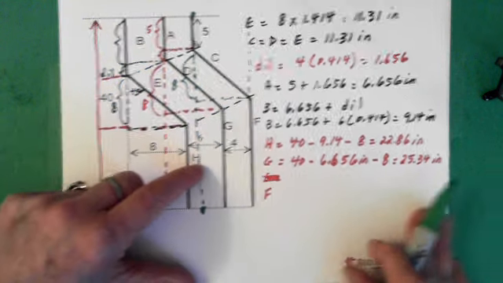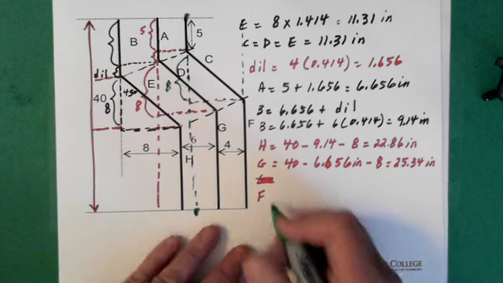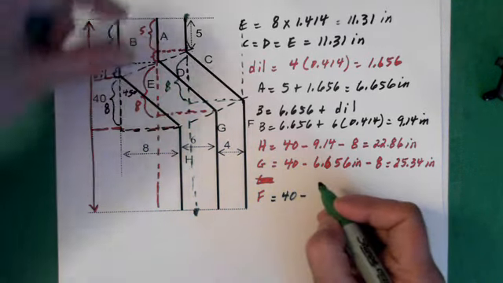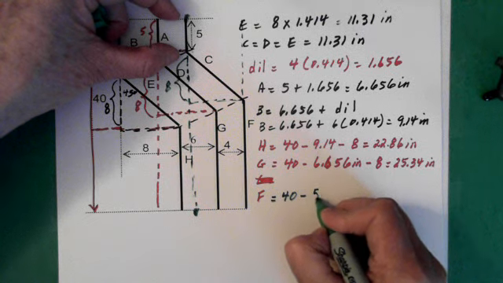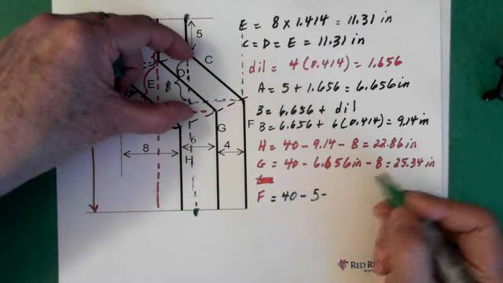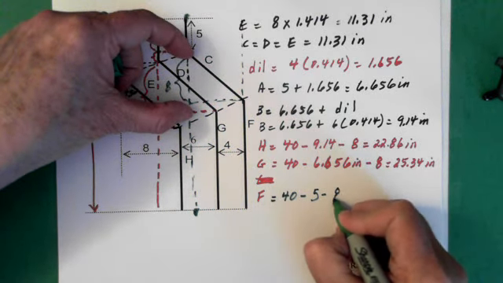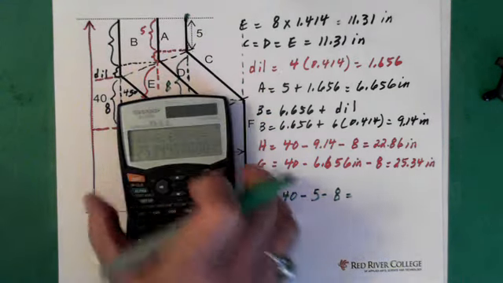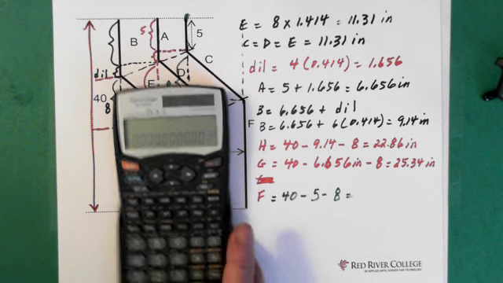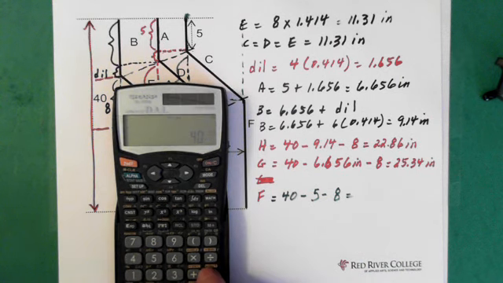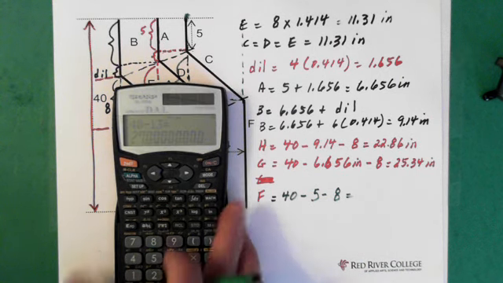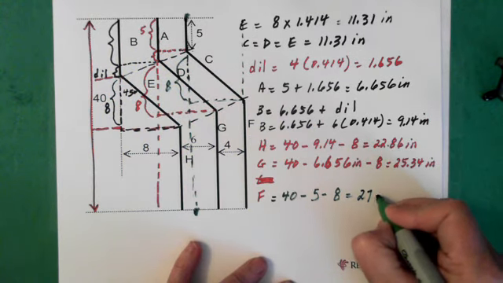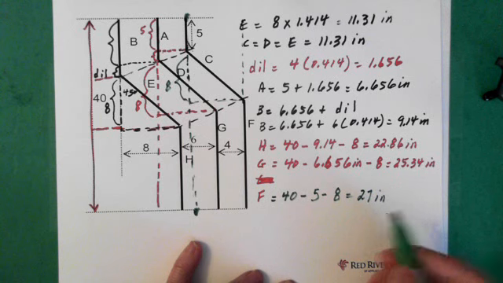All right. So then F equals the 40 minus the 5 minus this, which is the 8. And we end up with 40 minus 13, which I think is 27. 40 minus 13 equals 27. 27 inches, all right?